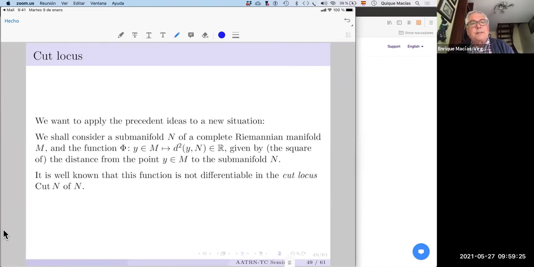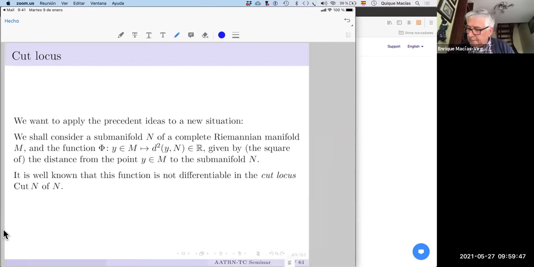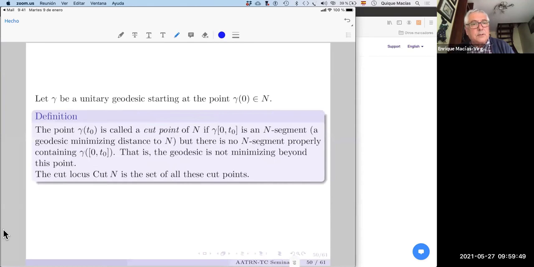Now I want to apply the preceding ideas to a new situation. We shall consider a submanifold N of a complete Riemannian manifold M, and the function phi given by the square of the distance from a point to the submanifold N. It is well known that this function is not differentiable in the cut locus of N. So let me recall the definition.